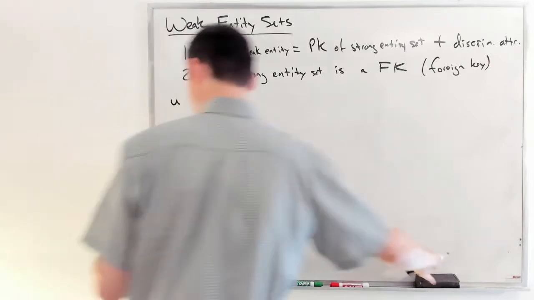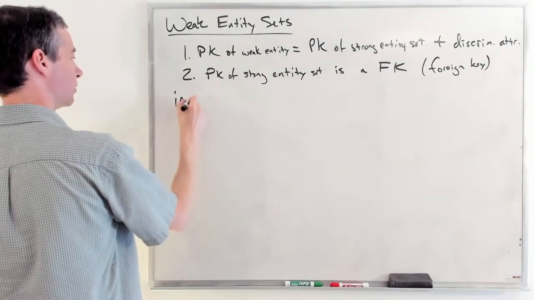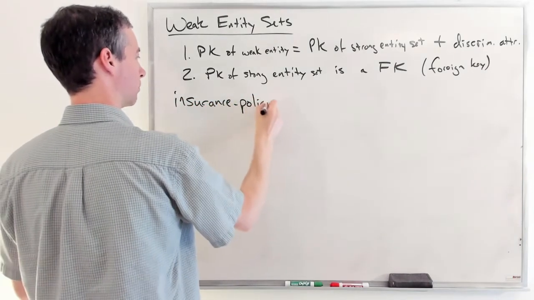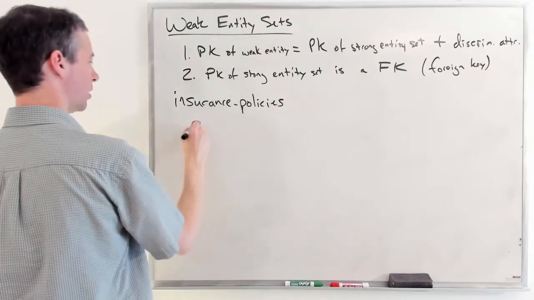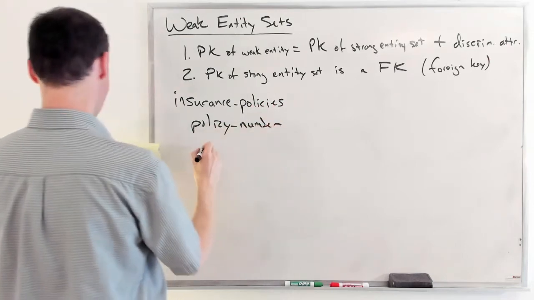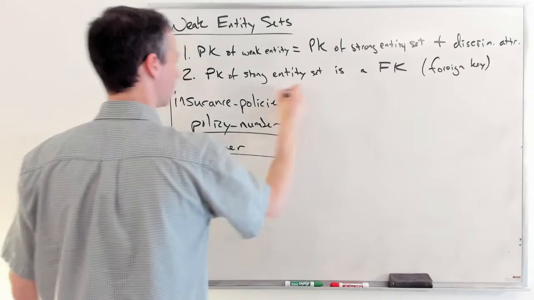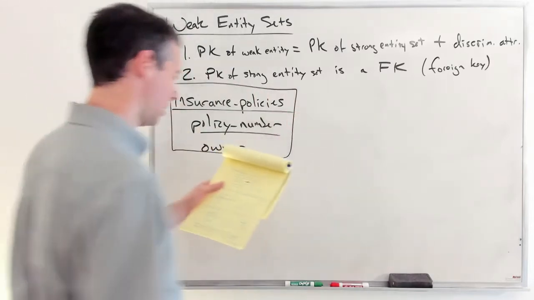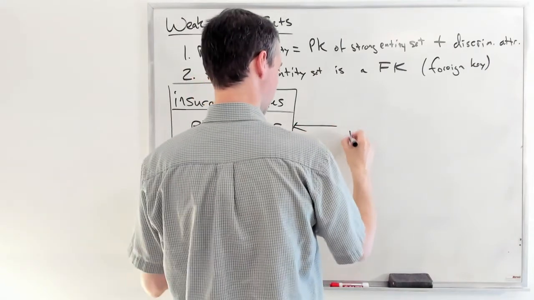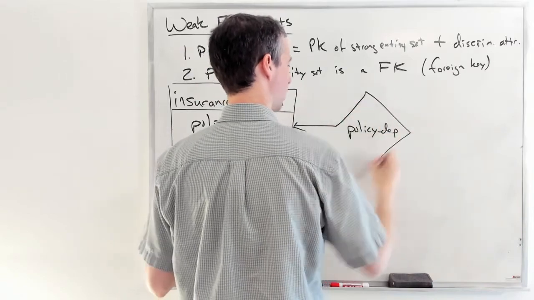So we're going to take our insurance policies. All right, and again, we've got our policy number and our owner. Policy number is the primary key. And then we've got this relationship here, which was policy dependent, or DEP.